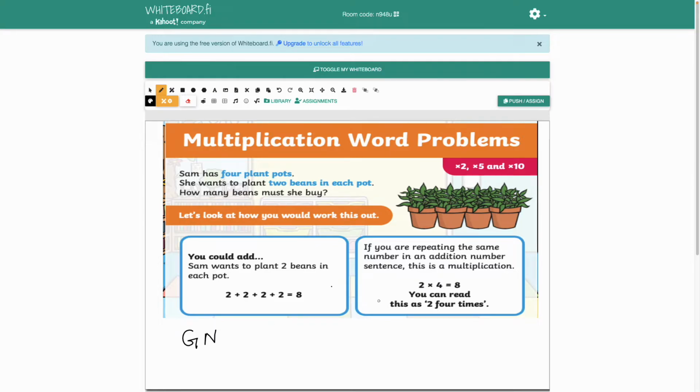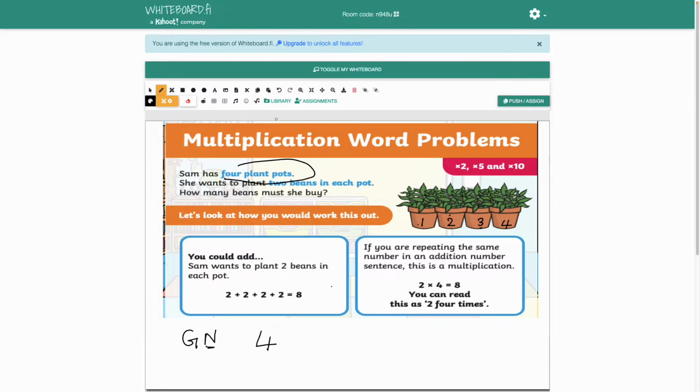Now, what is the group? 1, 2, 3, 4 pots is the group. You will first write it for G. And now we need to fill in the numbers. Like Sam has 4 pots.